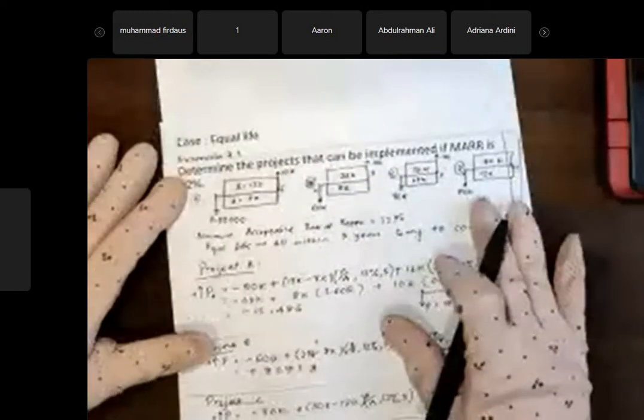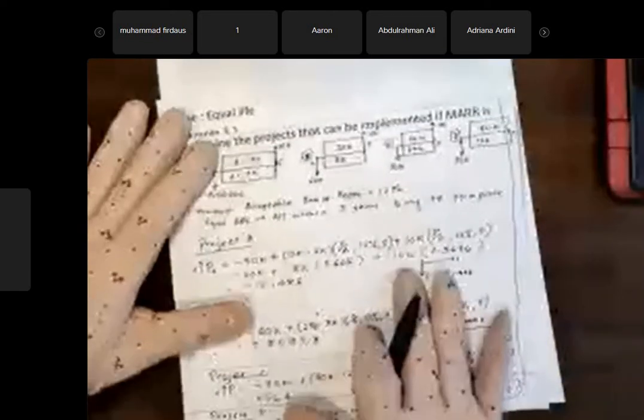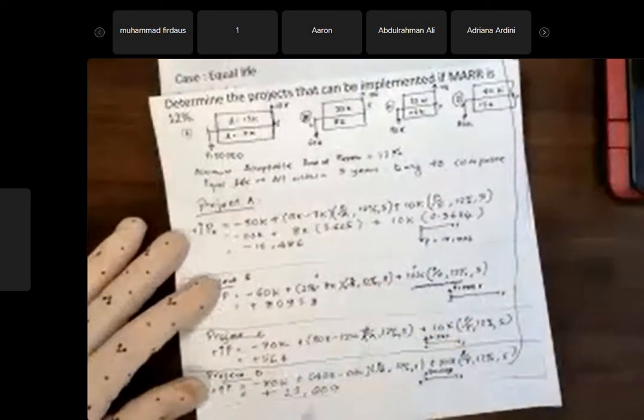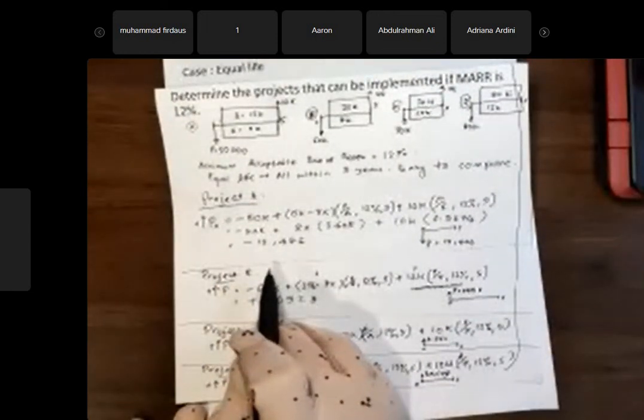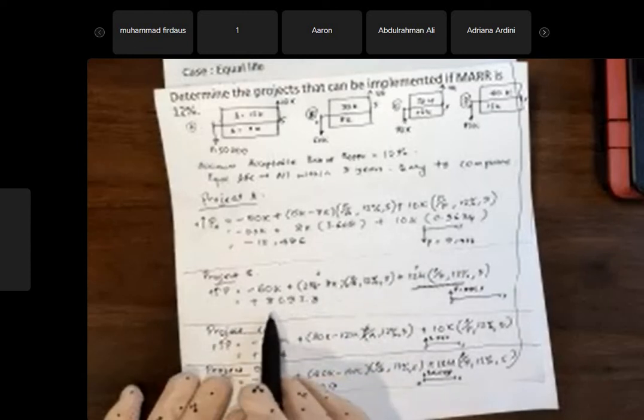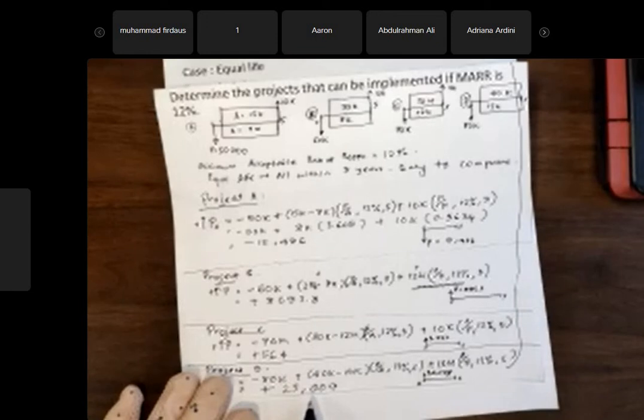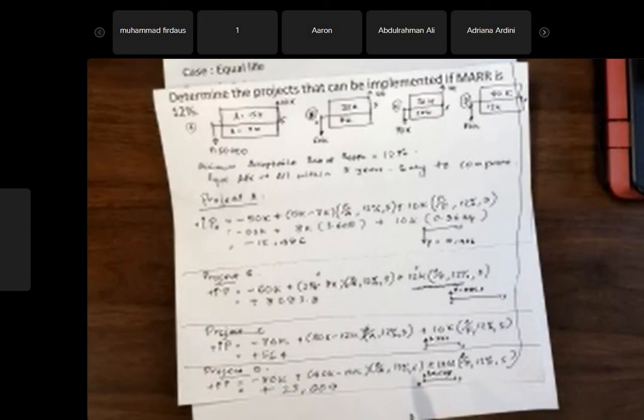Okay. You look at the results here. This one is negative 15, and then you have 8093, 564, and 23009. So which one do you want to choose?